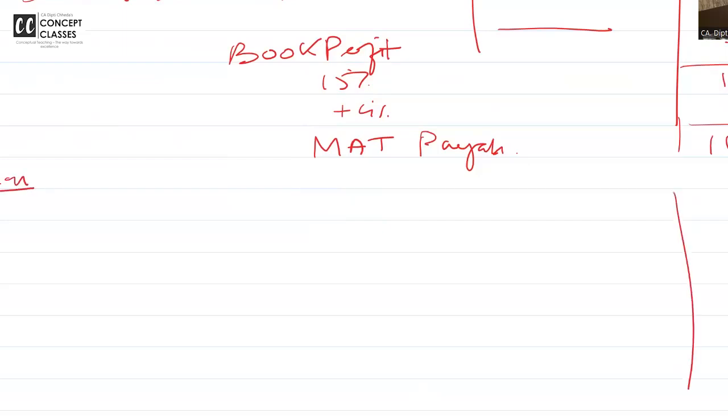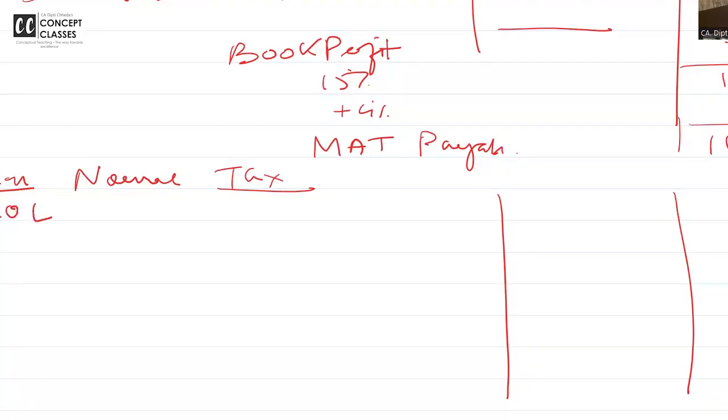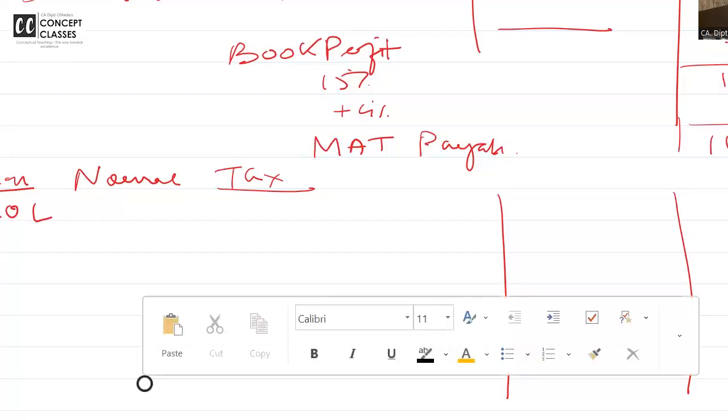Normal income. This is what in detail we will study in the NRI topic. Normal tax. Normal tax says that your normal income is 20 lakhs. And your technical service related income is 25 lakhs and 6 lakhs is expenditure. This is also your normal income. 25 lakhs minus 6 lakhs.